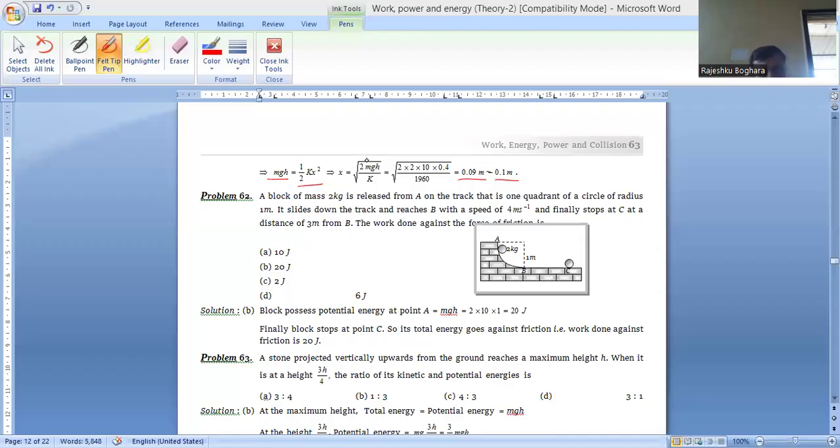Now take ratio, p dash by p is equal to 2, then p dash equal to 2p. So to obtain twice water from the same pipe in the same time, the power of the motor has to be increased to 2 times. So answer is D.